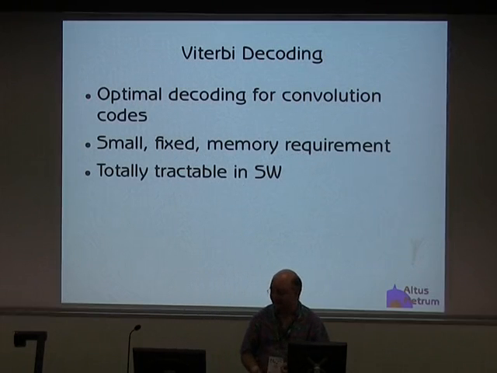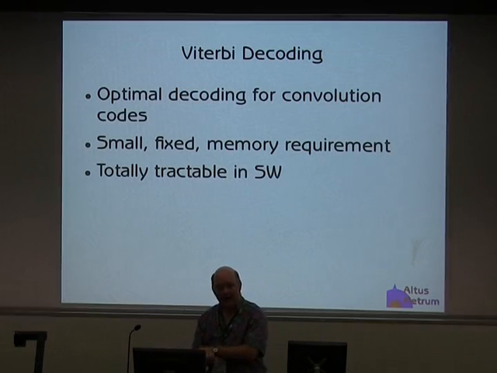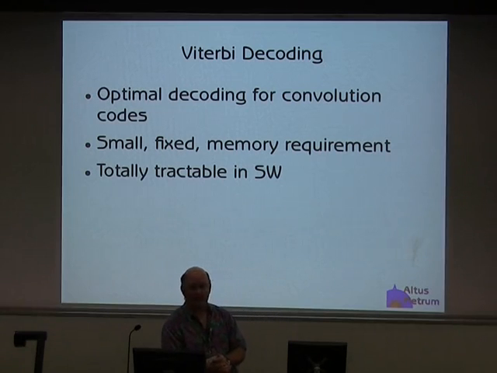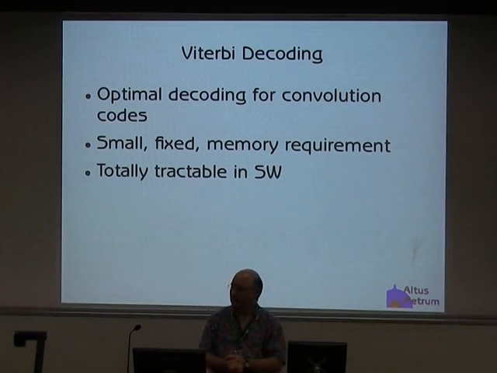Decoding it is kind of fancy. I know that convolution codes were developed in the 60s and 70s, and I know that people were using other algorithms other than the one I'm going to describe to decode them before then, sequential convolution decoders.